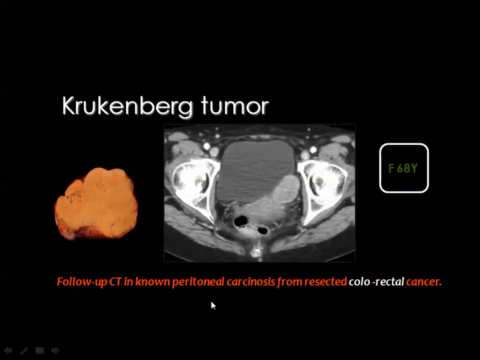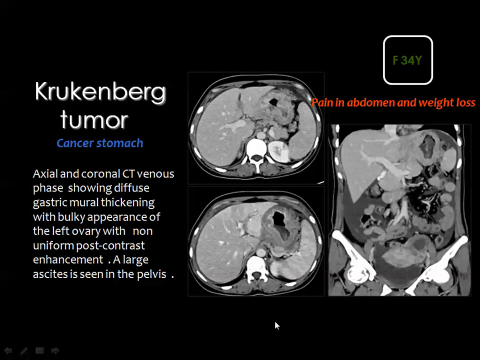Here you see this patient with a colorectal cancer, and you see a solid mass in the left adnexal area, and this is a Krukenberg metastatic deposit. And this patient, 34 years old, has a gastric tumor.